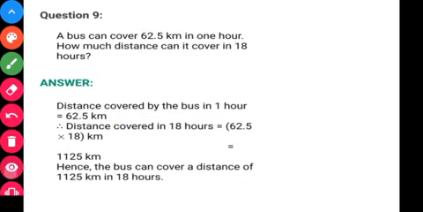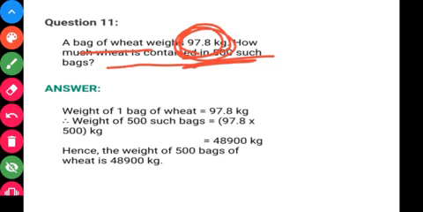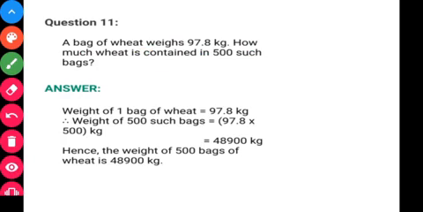Okay. Now come to next question. Question number 11. It is given a bag of wheat weighs 97.8 kilogram. How much weight is contained in 500 such bags? So the given information is the weight of one bag.